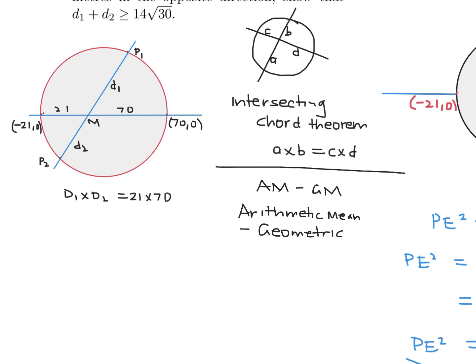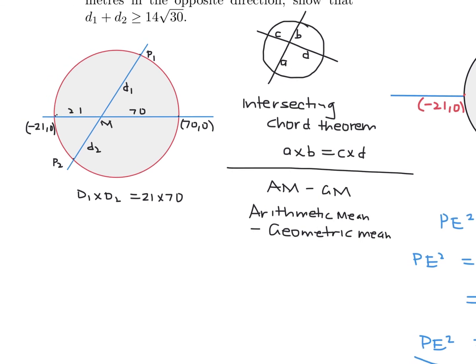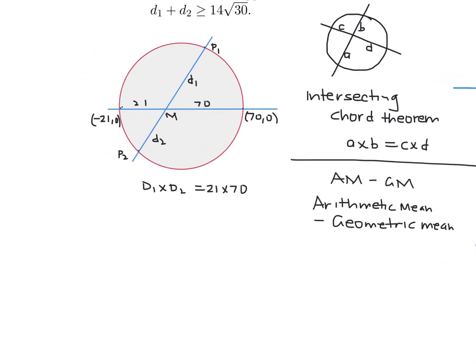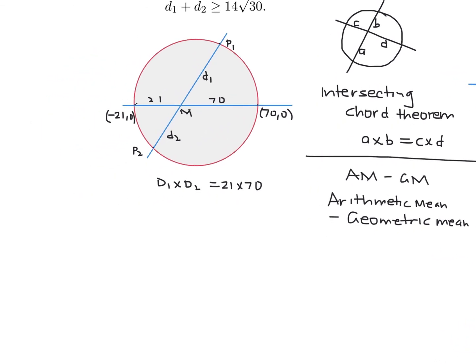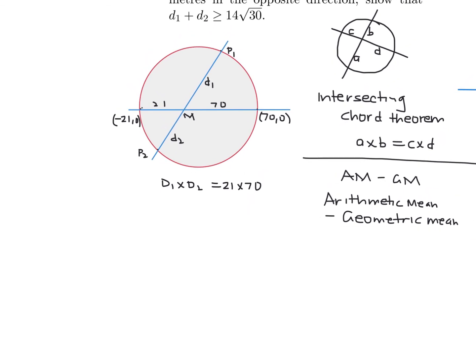This is a law, and that law basically states the following: if you have two numbers, a and b, and you take their arithmetic mean, which is just adding them and dividing by 2, it's greater than or equal to the geometric mean, which is you multiply them and take the square root.